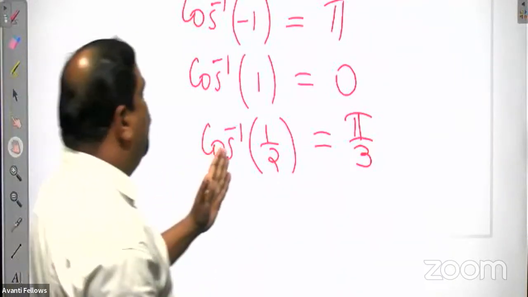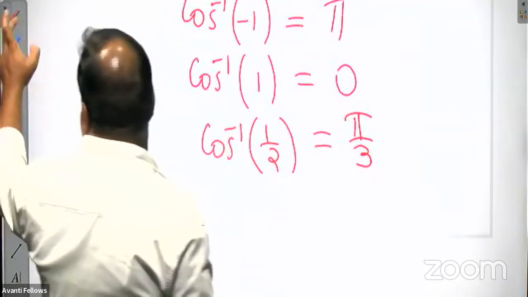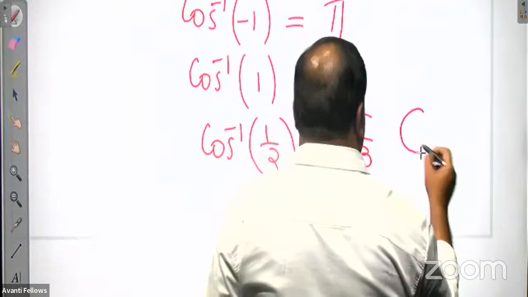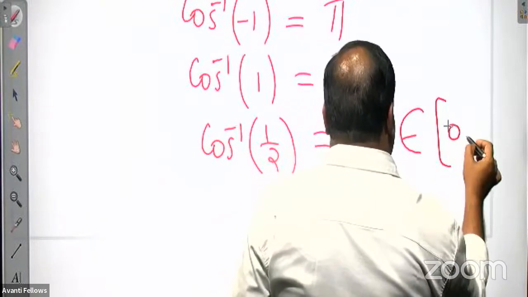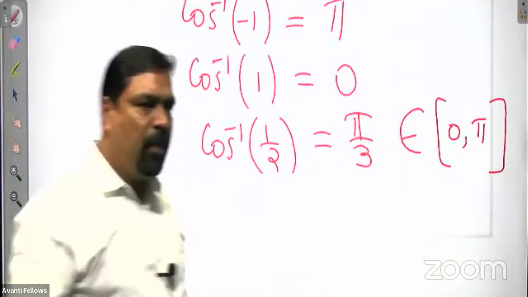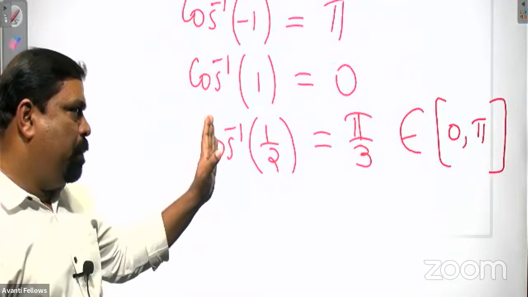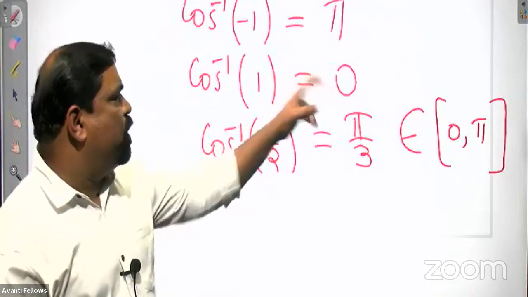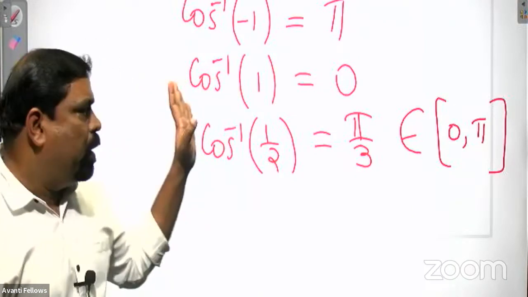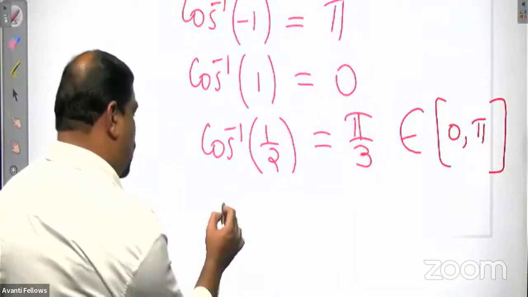So whatever value we find for cos inverse x, that must always lie in the principal value branch. Okay. We cannot take any value outside this principal value branch. Remember. Because not only cos 0 is 1, but cos 2 pi is also 1, actually. You know, no?